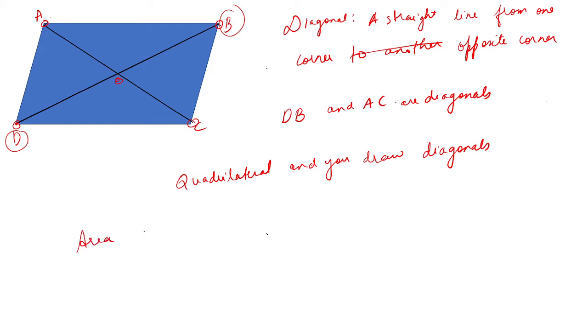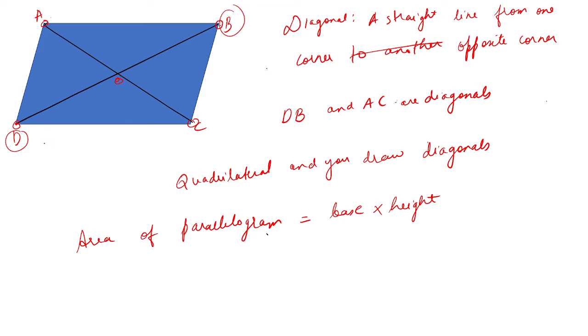Now we have a formula called area of a parallelogram. This is important. The area of a parallelogram is base into height. What are the bases that we're talking about? Remember, these are all bases: DC, BC, AB and AD. Clear?